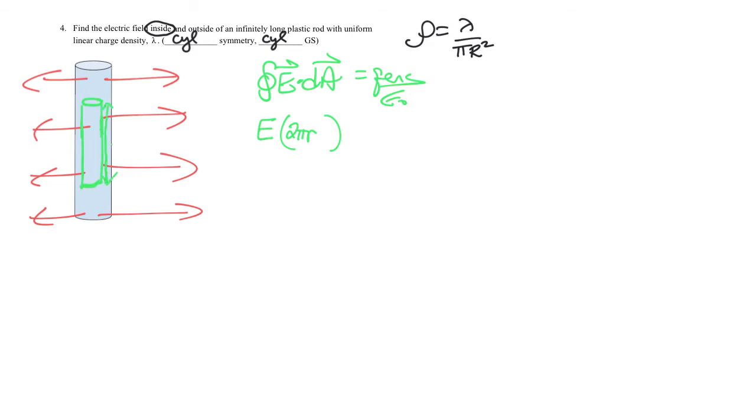Let's call this h, because a lot of times we use our capital L to mean the length of the full rod, and so sometimes it's easier just in our Gaussian surfaces to call that h. During all these calculations, whatever size Gaussian surface we choose, those dimensions always cancel out. So you don't worry about it too much, but you do need to define it just so that you are consistent. Okay, so now we get to the fun part, which is Q enclosed.